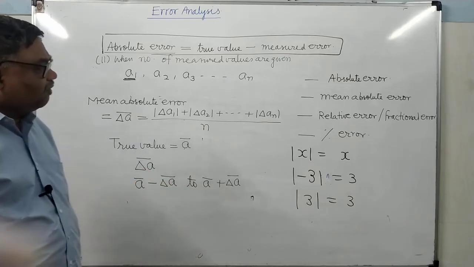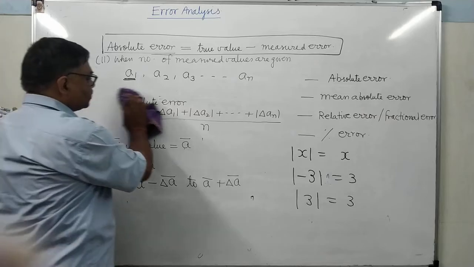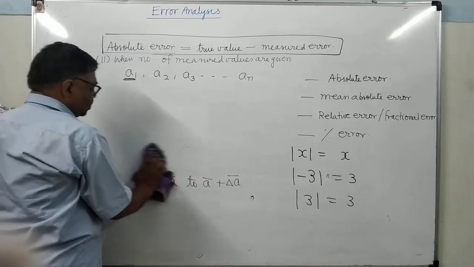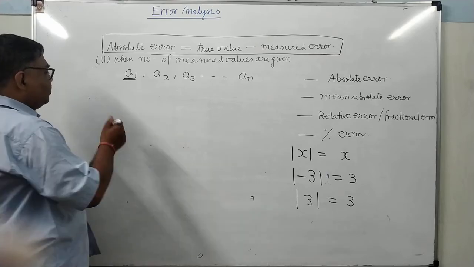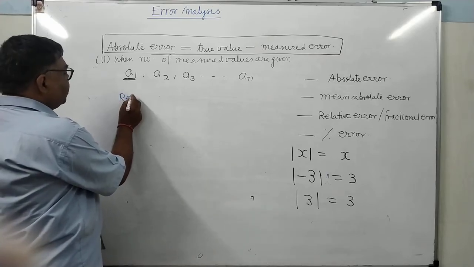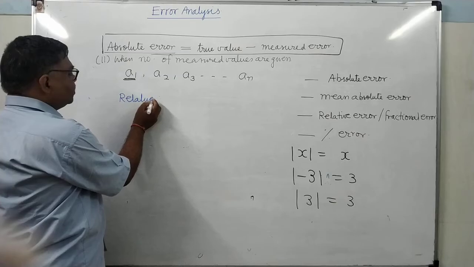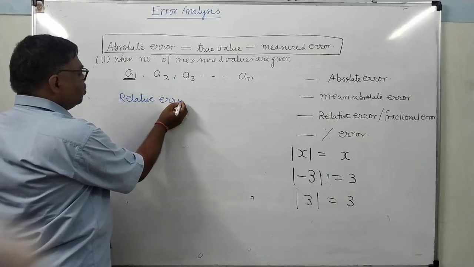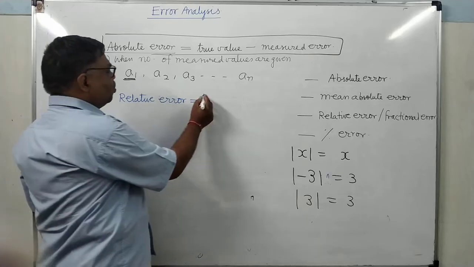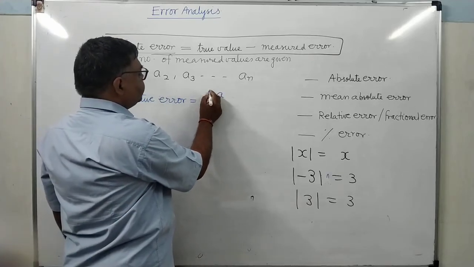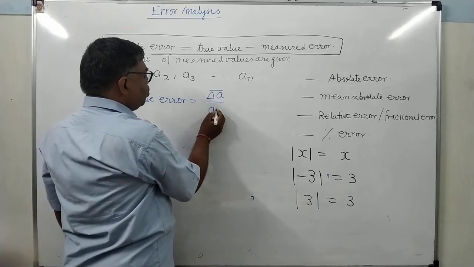Now there is one term, relative error or fractional error, in the measurement. Relative error means the ratio of mean absolute error to the true value.